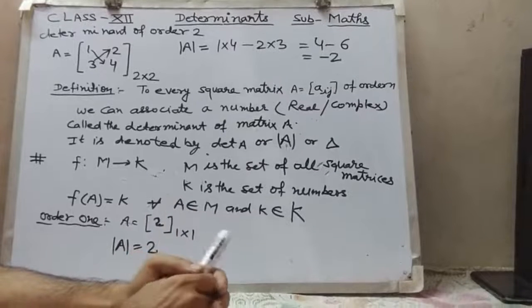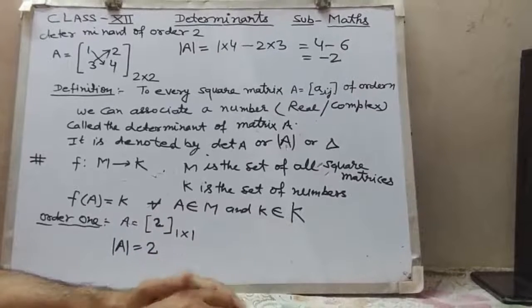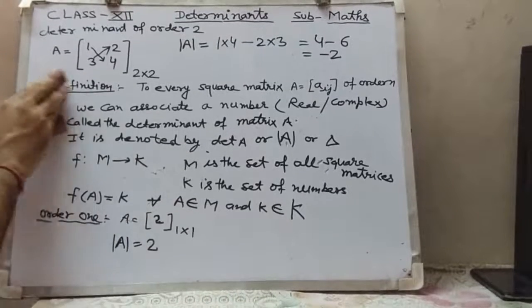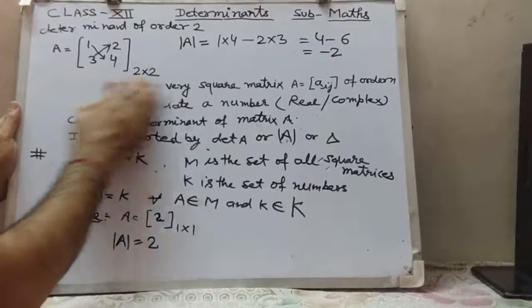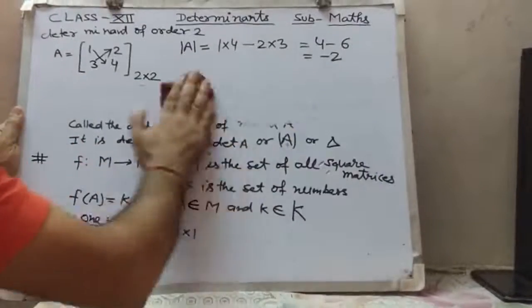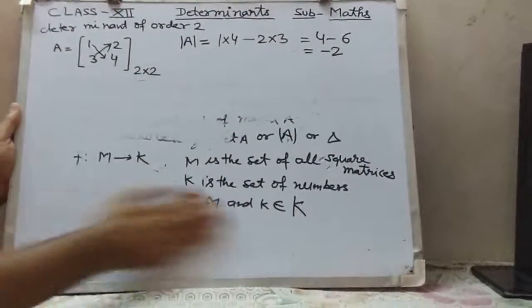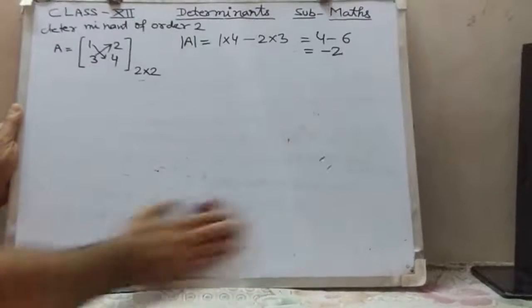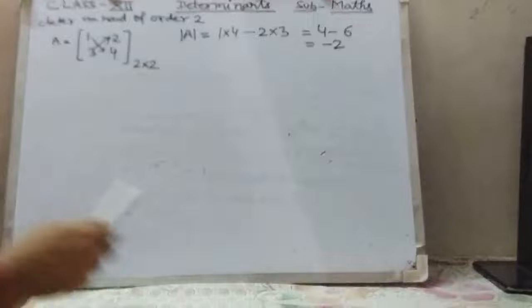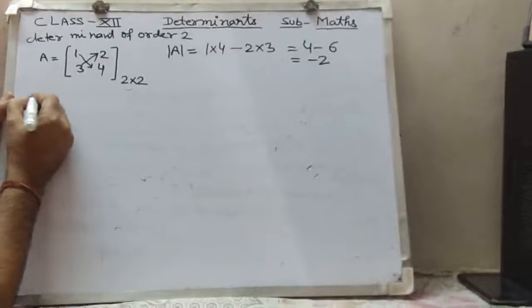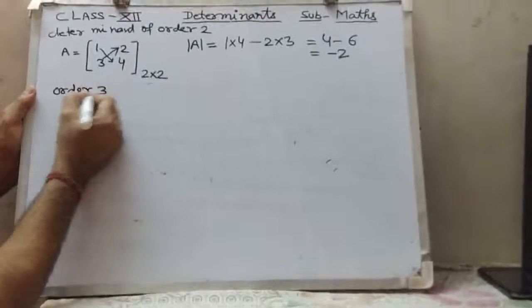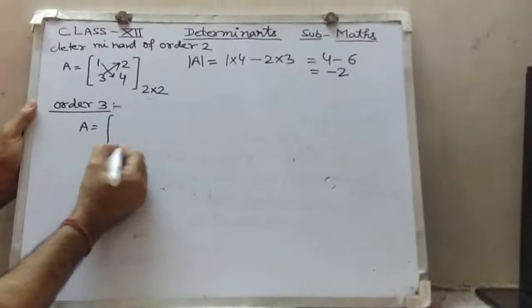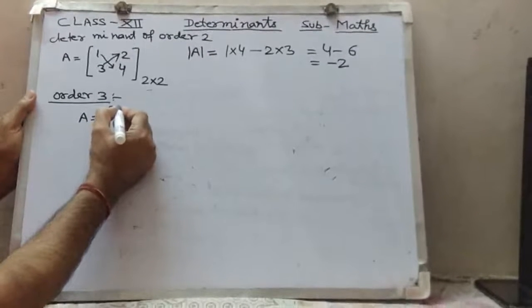Now we come on the square matrix of order 3. Let us have an example. Let A be another square matrix of order 3 by 3.